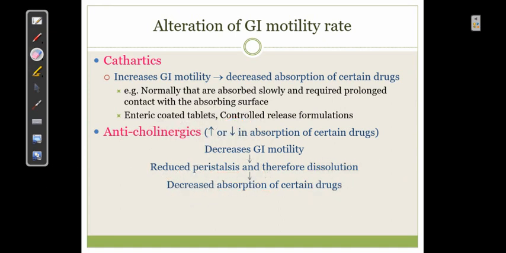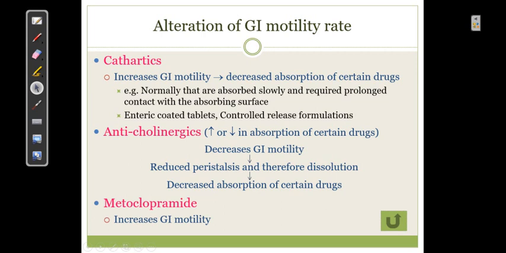One more example you can consider is a prokinetic drug, that is metoclopramide. You know that metoclopramide increases GI motility. It is a D2 receptor antagonist as well as a 5-HT4 receptor agonist, and by virtue of that it increases GI motility. If it increases GI motility, it can lead to reduction in the absorption of drugs given concurrently.